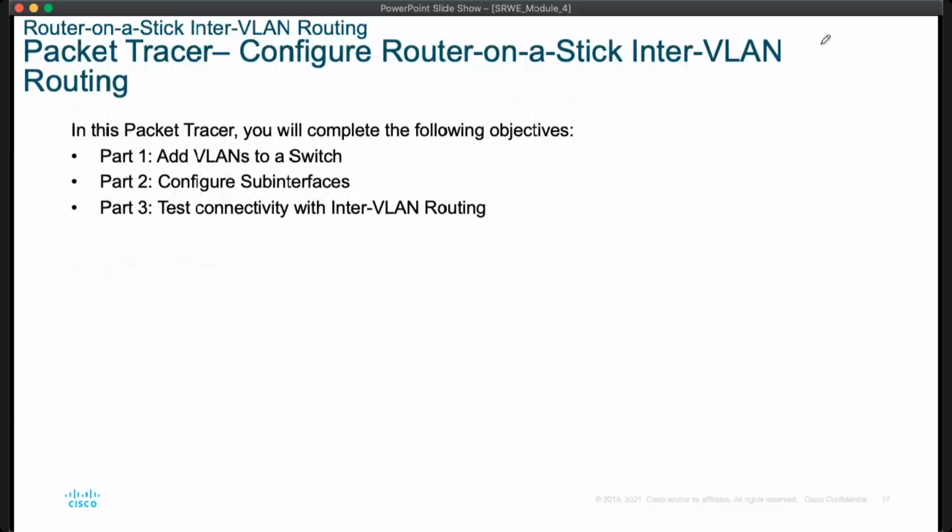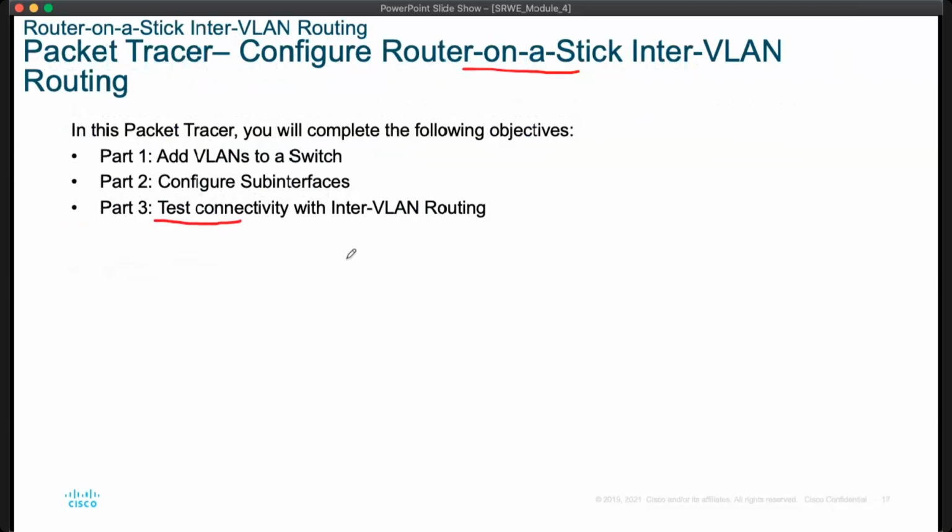So Packet Tracer, we have some exercises. Configure router-on-a-stick inter-VLAN routing. In this Packet Tracer, you will complete the following objectives. First, add VLANs to the switch. Second, configure sub-interfaces. Finally, part 3, test connectivity with inter-VLAN routing.